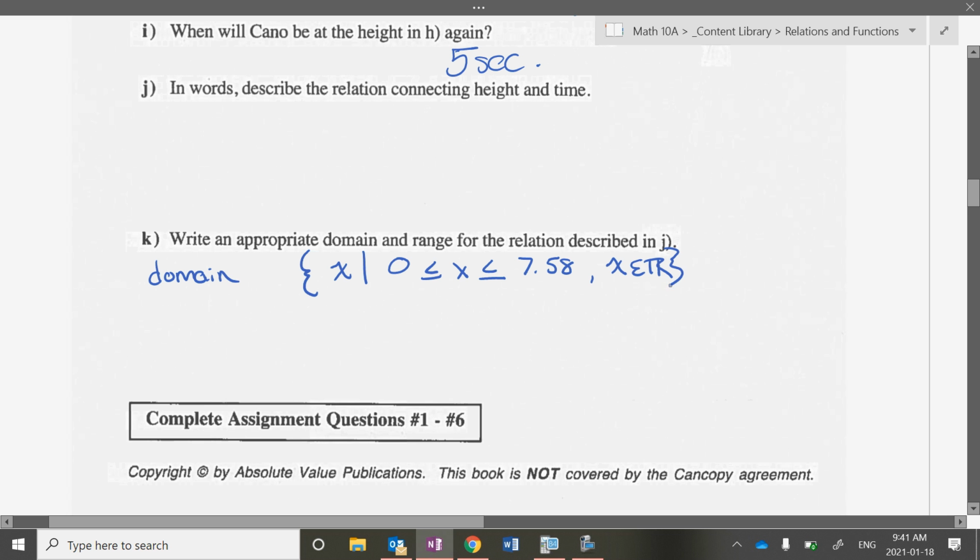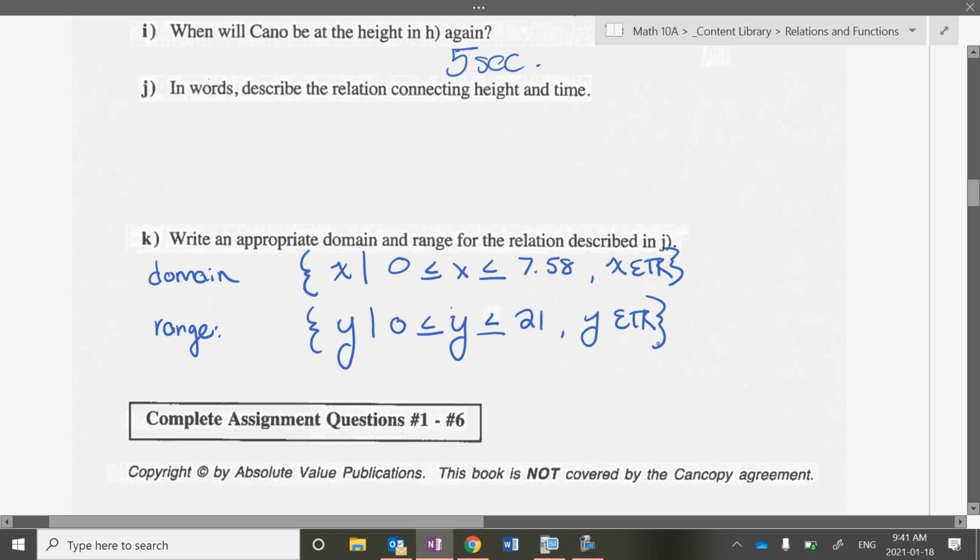So x is an element of the reals. Our range is between 0, because he actually does hit the ground, and 21. And then y is an element of the reals.